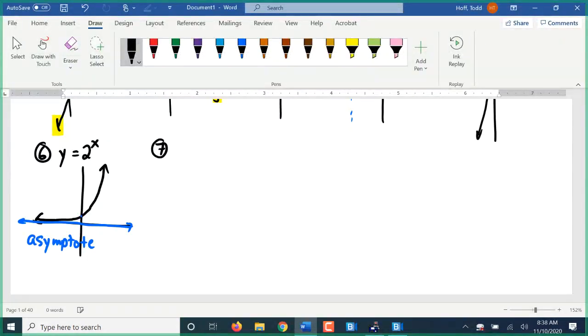Number 7. y equals x to the third minus 1. Up with a curve, something like that. Called the cubic curve.